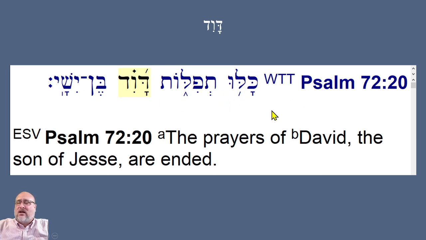So this is the last sentence in book 2 of the Psalter, which is interesting because Psalm 72 is by Solomon, but I think it's saying that David actually prayed through these two books, they were his prayer books, and so he wasn't opposed to praying someone else's composition as his prayer.